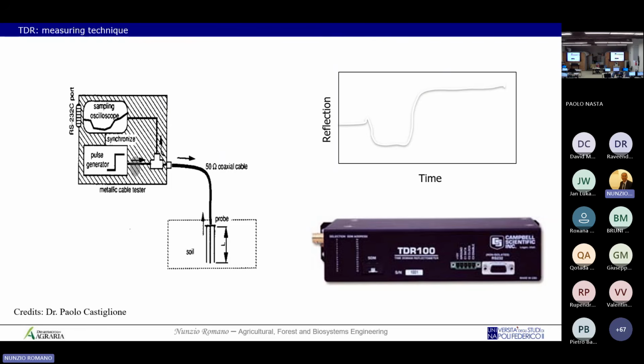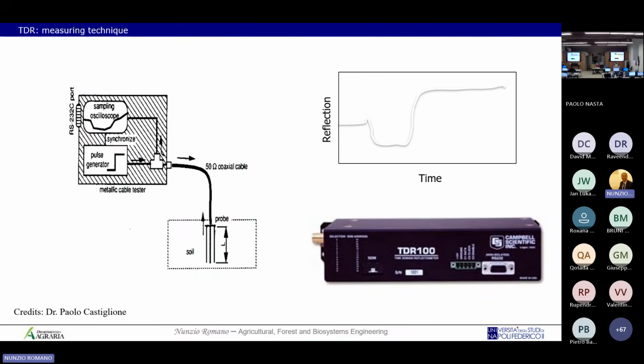So again, there is the TDR. In the TDR, you have a pulse generator, and then you also have the oscilloscope, the sampling oscilloscope. What does the generator do? The generator creates a square electrical wave that moves into the 50 ohm coaxial cable, then goes into the probe and then back to the oscilloscope.